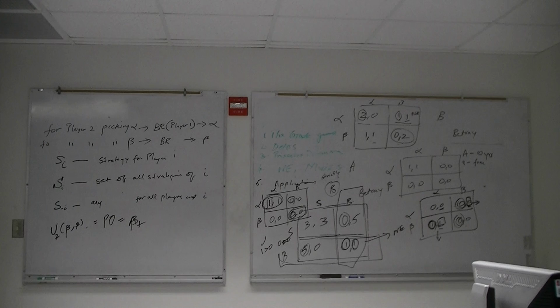Therefore, there's no incentive for me to switch to beta. And the same for the second player. If he assumes that I'm not going to change strategy, I keep doing alpha, then if he changes from beta to alpha, his payoff goes from 1 to 0, right? So for him also, there's no incentive to change his strategy. So both of them end up stuck there. Yeah, I get why we call it equilibrium.